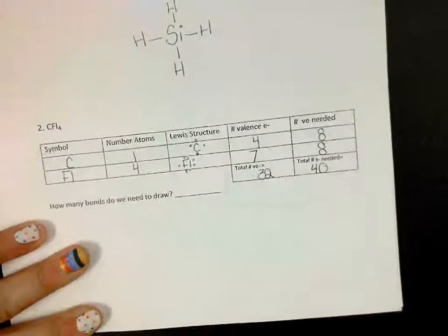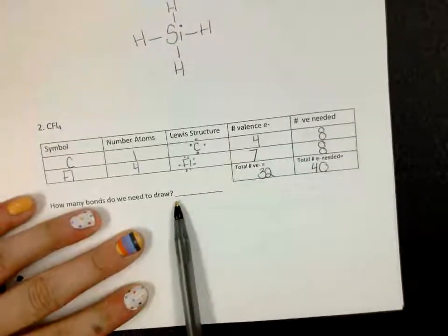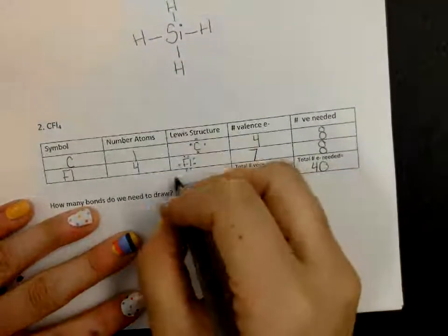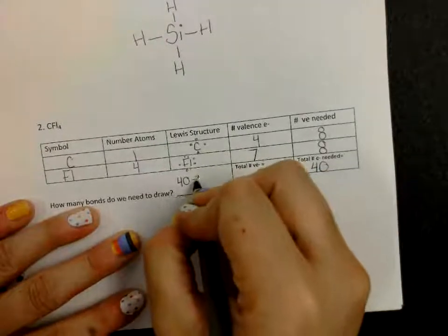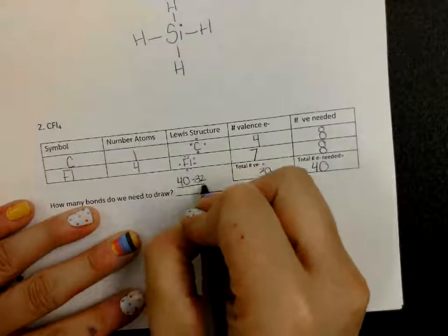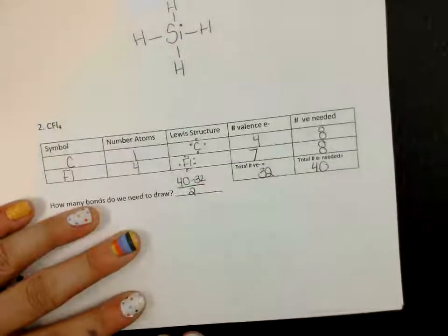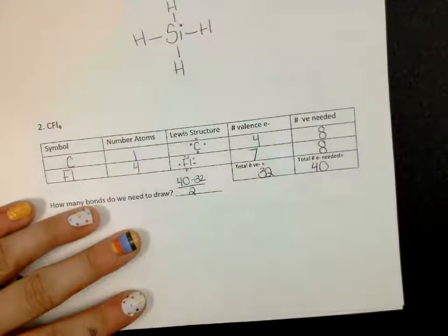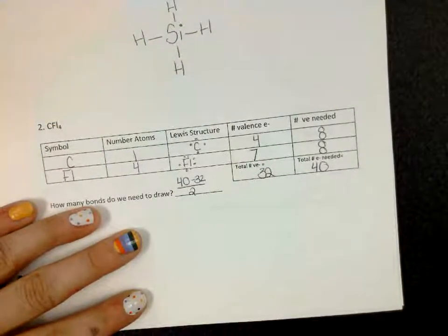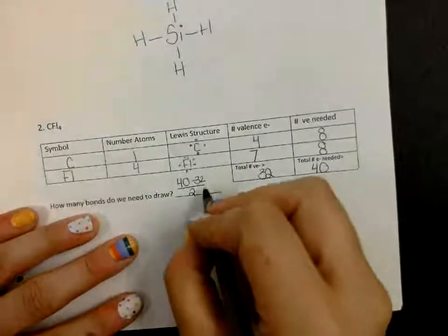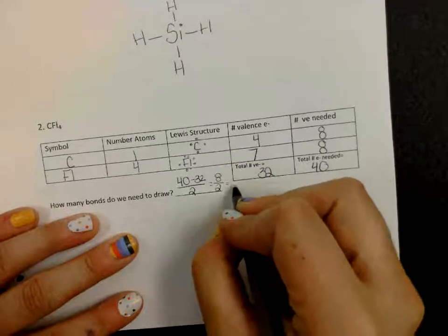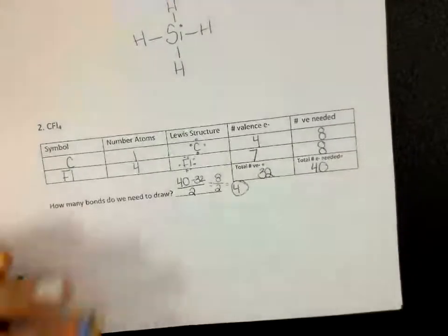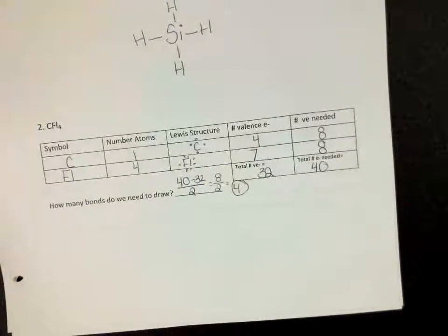All right. So to figure out how many we need to draw, we're going to take 40. We're going to subtract 32. We're going to divide by 2. So 40 minus 32 is 8. Divided by 2 is 4. So we're going to need to draw 4 bonds.